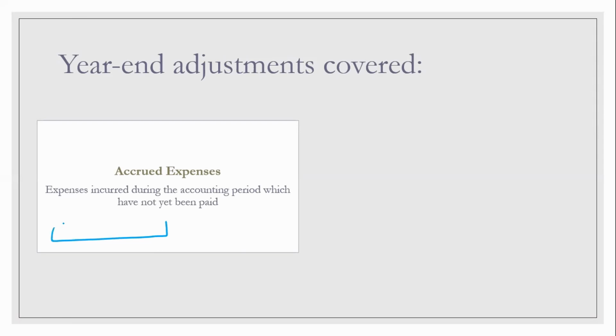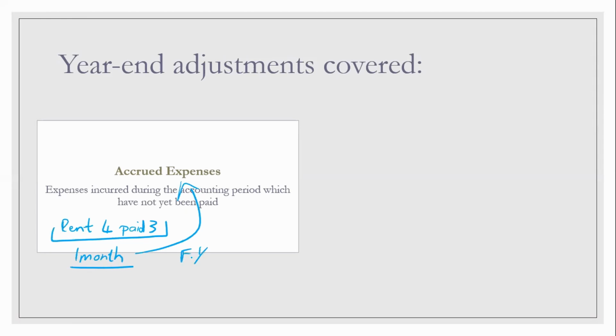So for example, if we have rent for 4 months, but only paid 3 months, we still owe 1 month. And this 1 month is our accrued expense at the end of the financial year.